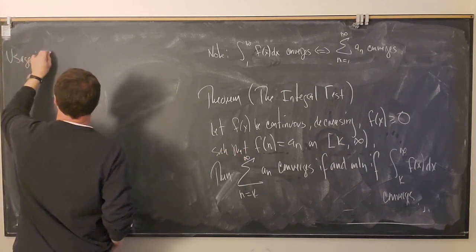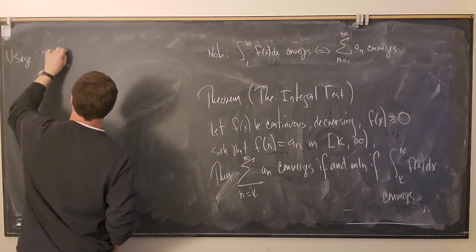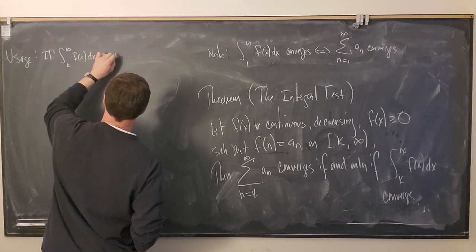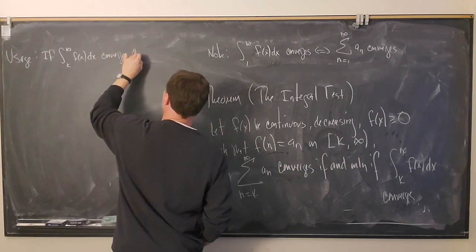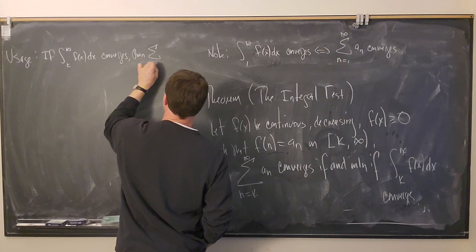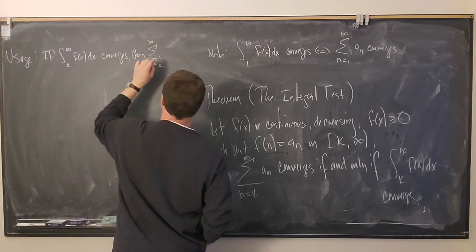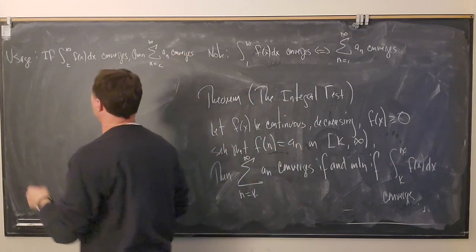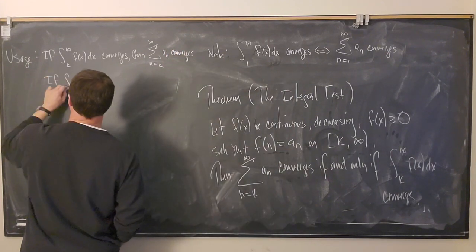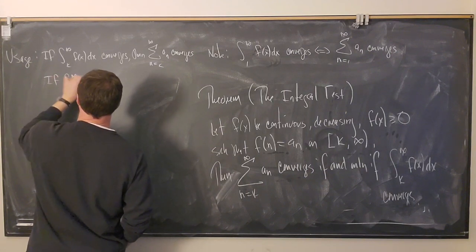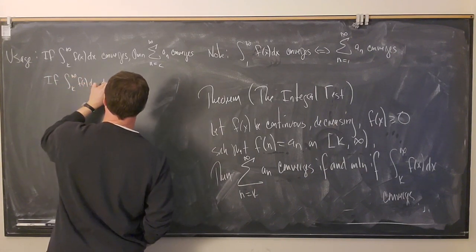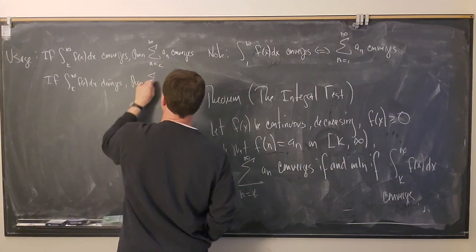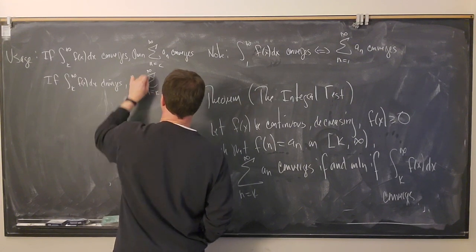If the integral from k to infinity f of x dx converges, then the series converges. And if the integral from k to infinity f of x dx diverges, then the series diverges.